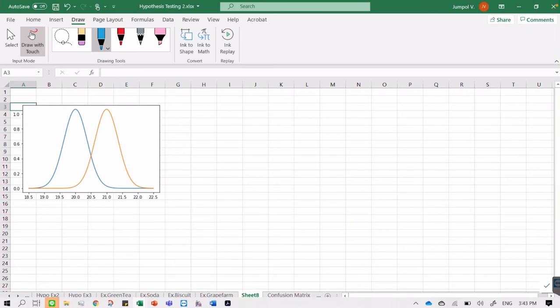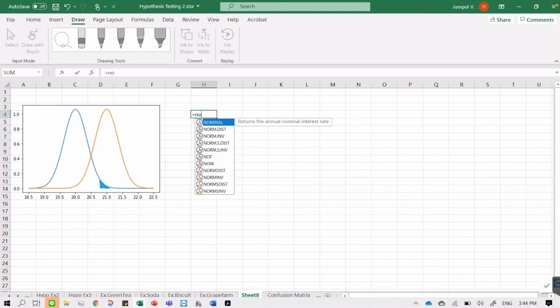If alpha is 0.01, our critical region is going to be norm.inverse, where the probability is 1 minus 0.01.